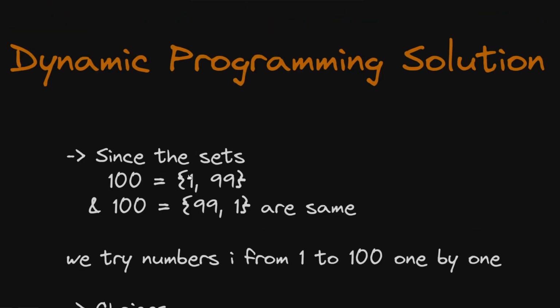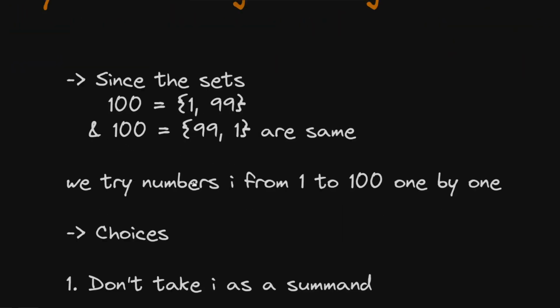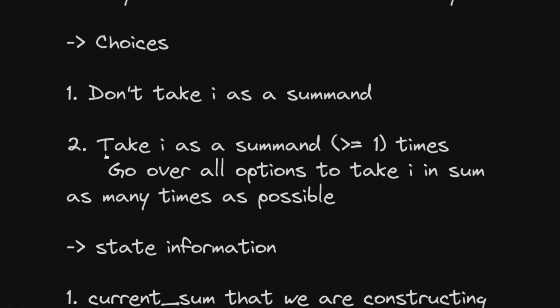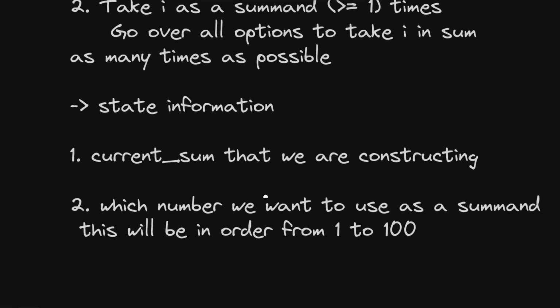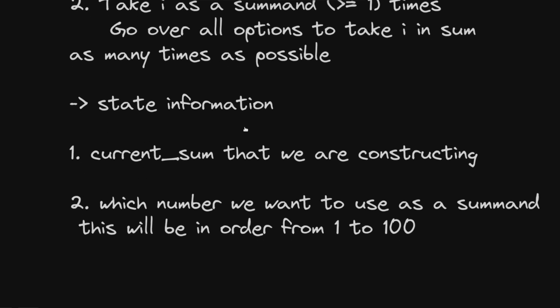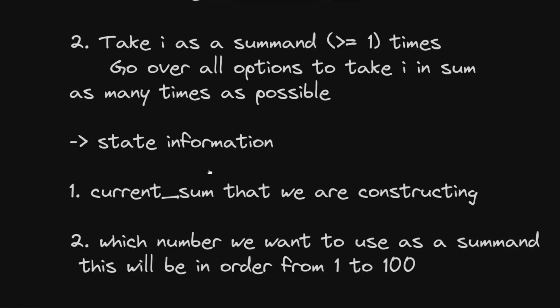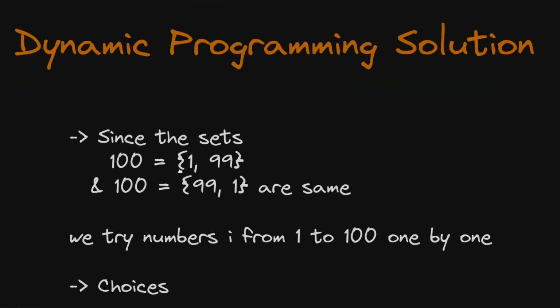So we started with 1. We could have taken it 2 times, 3 times, 4 times, as many times as we want. We could have taken it 100 times as well. So that is the main option of going through all the possible choices. To implement this, we need some information as a state. First of all, we need to know the current sum that we are constructing. Initially we start off with 0, and we start inserting numbers from 1.